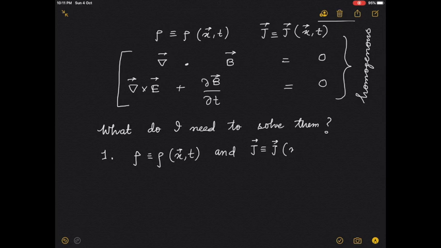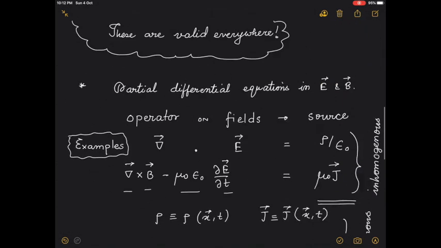So that's 3 J's, because J is a vector. This has to be given. And the second thing is the boundary conditions.